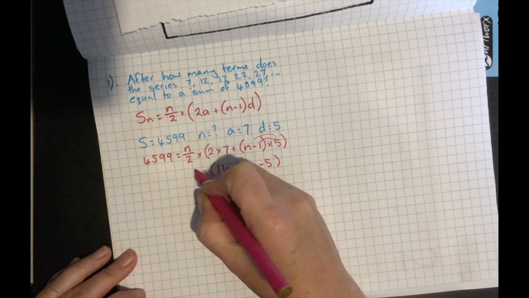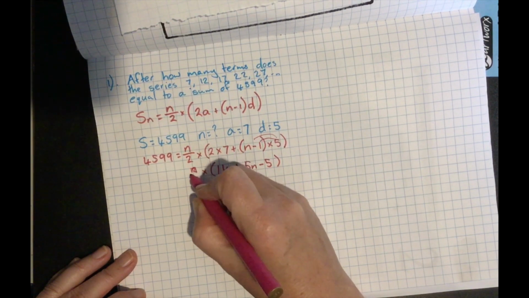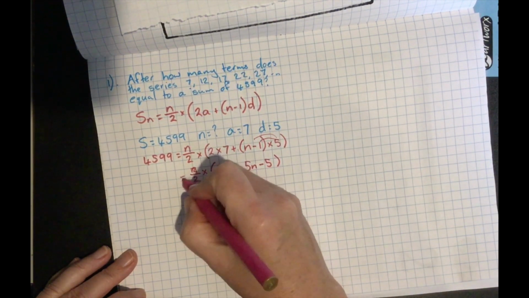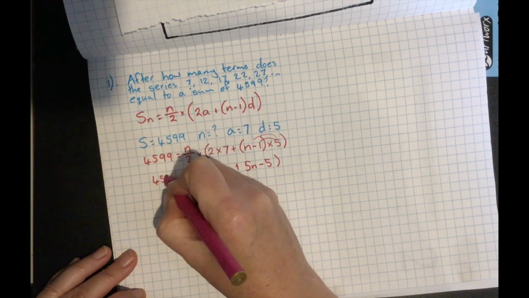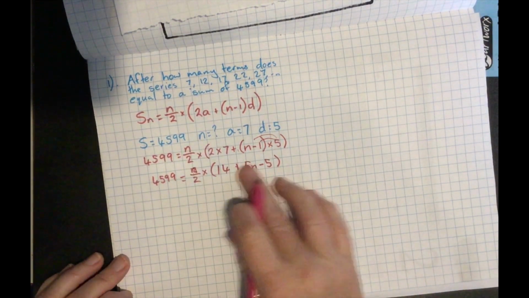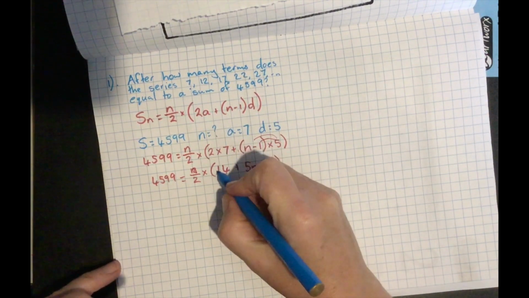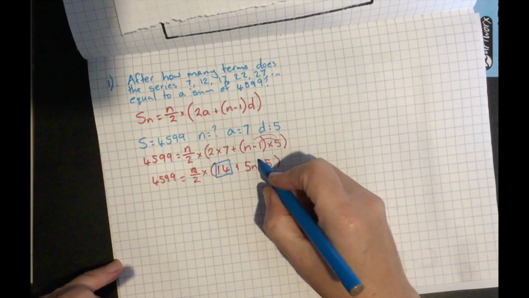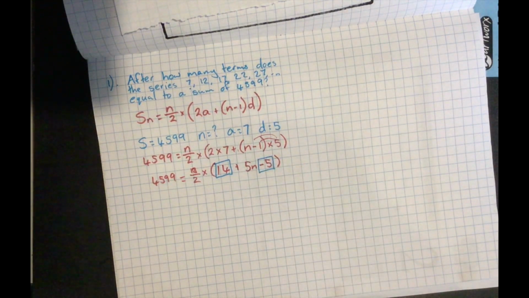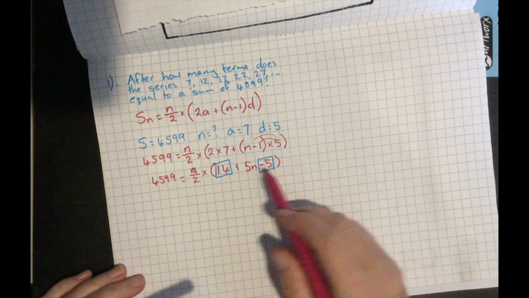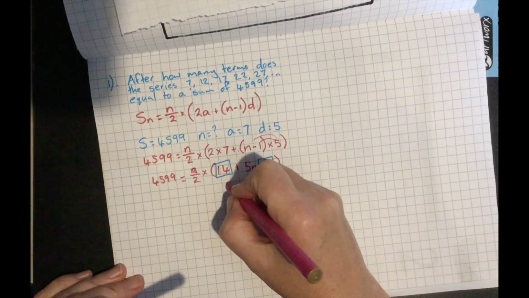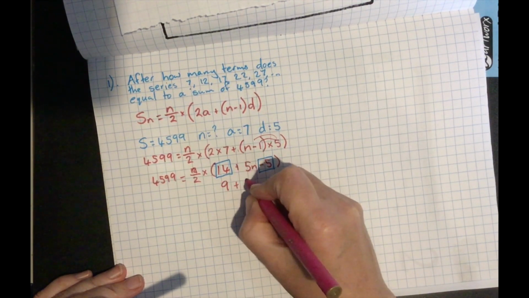N divided by 2 remains as is, so does our sum. I can tidy this up further by looking first of all at our like terms. I have 14 and I've got minus 5, so what's 14 take away 5? We've got 9 plus 5n.